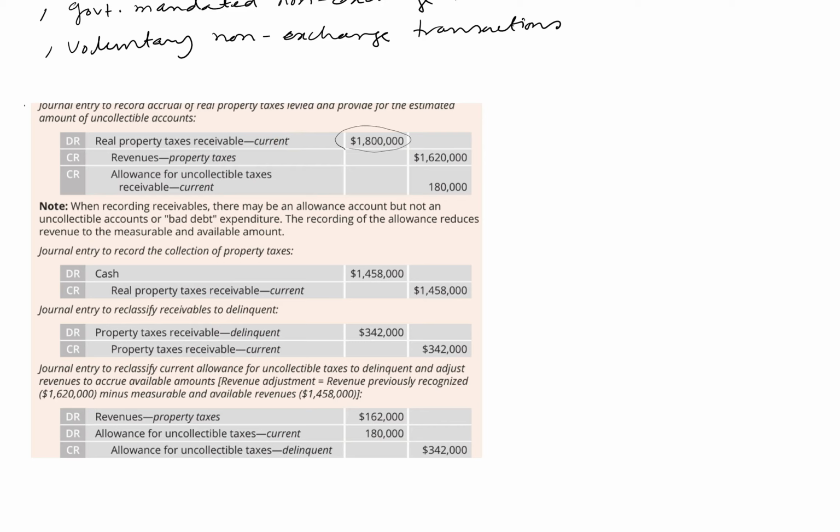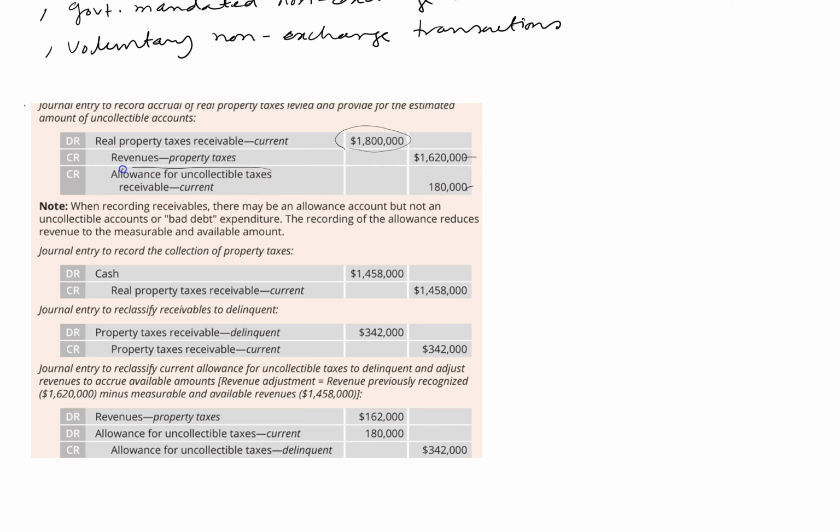So after calculating this allowance, the rest of the amount they will record as revenue. So when they bill those property taxes, they will debit property tax receivables and credit the revenues, property tax, but at the same time they will adjust the allowance for uncollectible tax.